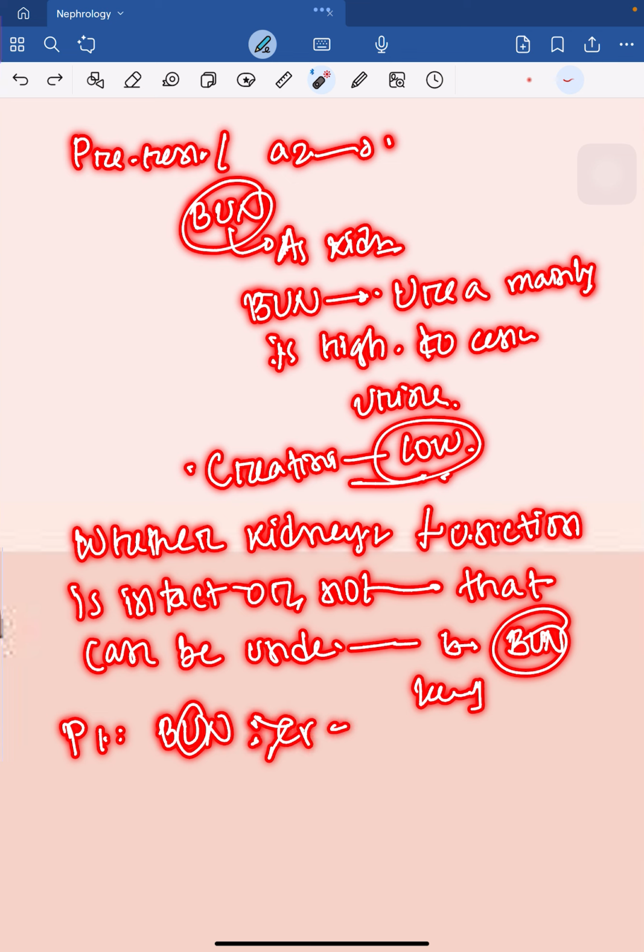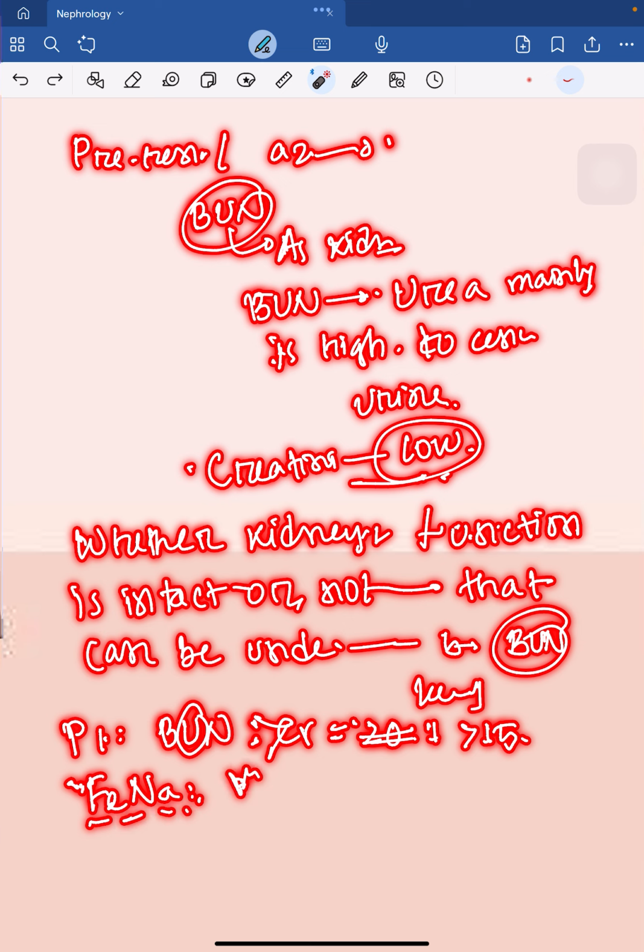We see the blood urea nitrogen to creatinine ratio, so it should be 20:1, or at least more than 15. Then as the kidney is intact, in the fractional excretion of sodium, the body will try to conserve water, so sodium is also reabsorbed, and the amount of sodium passing through urine is very less.